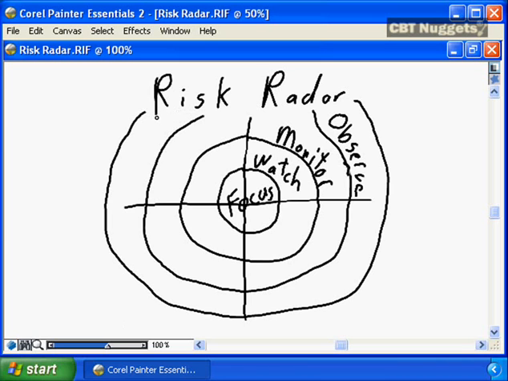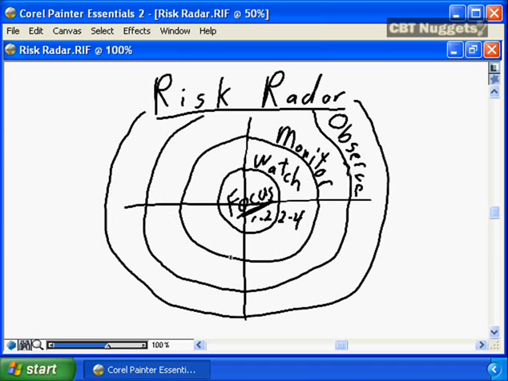The principle that we just talked about, of monitoring risks that are near timeline closely and observing risks that are further out in the timeline, I like to refer to as my risk radar. We need to focus on those risk events that are in the near future, the immediate, the 1 to 2 weeks. We need to watch the risk events that are further out on our timeline, the 2 to 4 weeks.